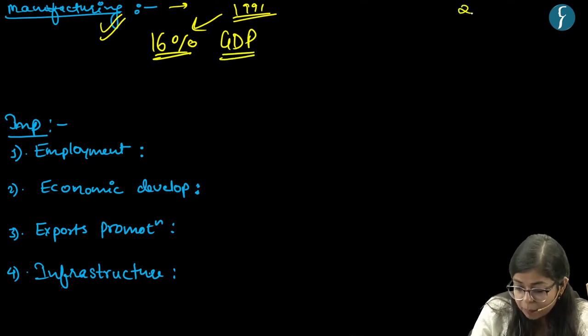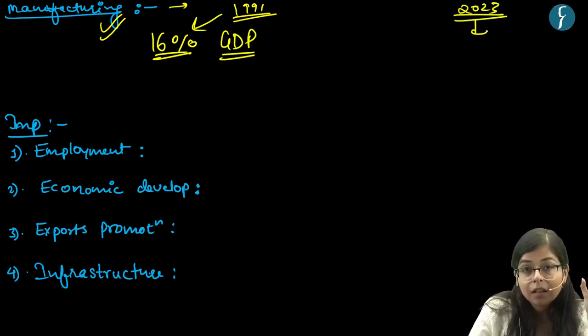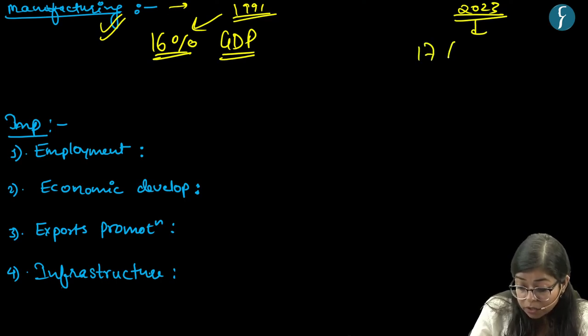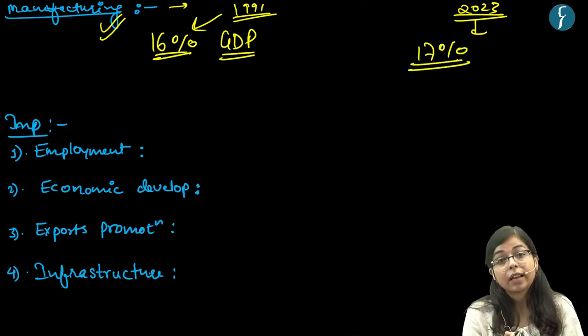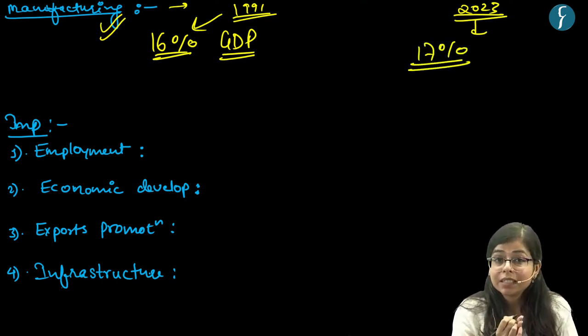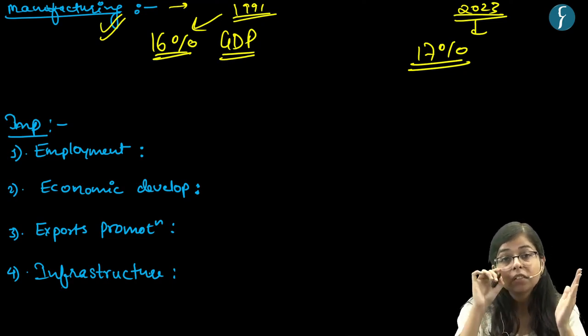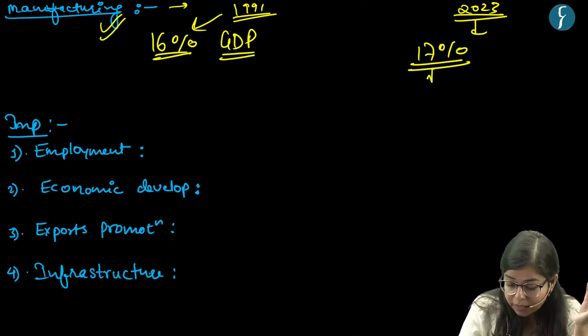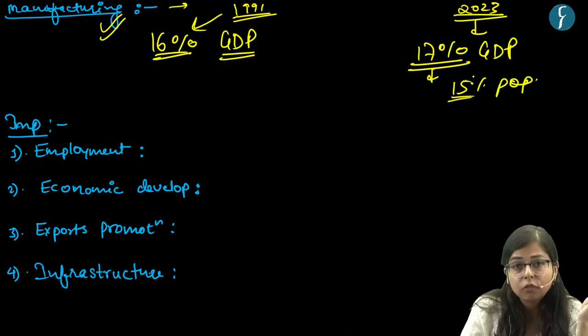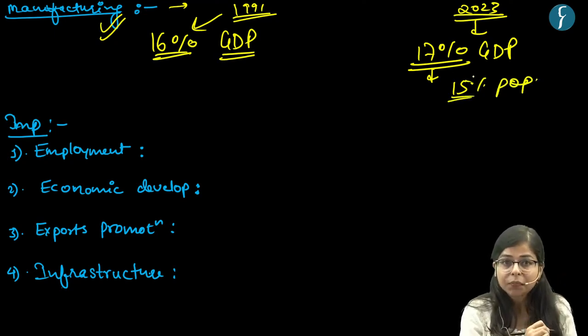And if we see in the year 2023, still the contribution of the manufacturing sector to India's GDP is just 17%, right? Manufacturing sector contributes 17% to India's GDP, and it employs around 12 to 15% of Indian population, right?